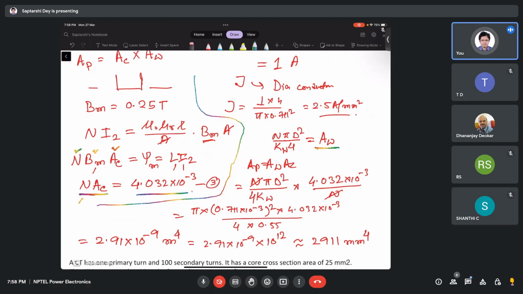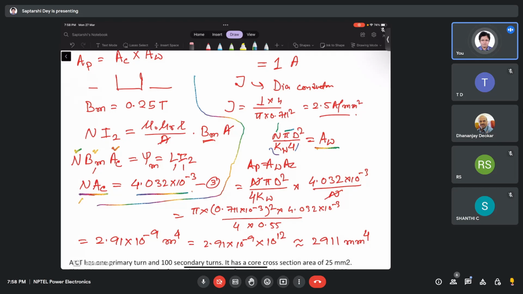And the window area comes from the number of conductors and the area of the conductor. So number of conductors is n, area of conductor is pi d squared by 4, and kW is the window factor that comes due to the gaps between the windings and the area lost due to the former.